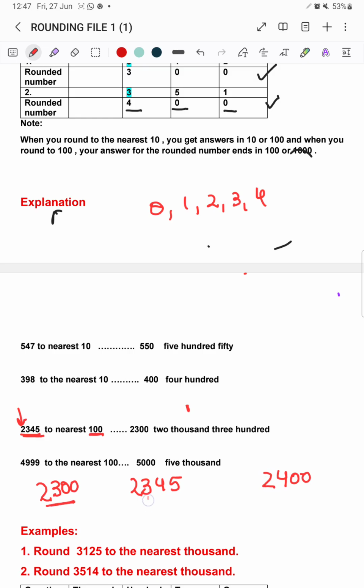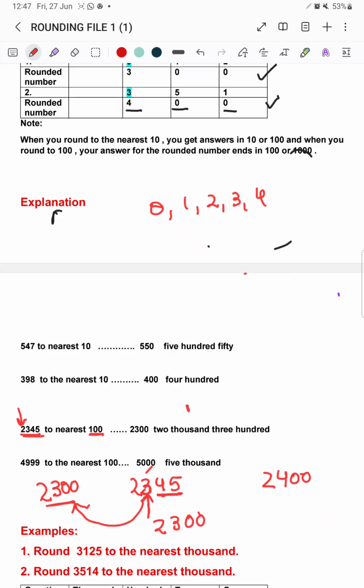Next point is, because we have to round to the hundreds, which is 3 here, the immediate next digit will decide whether I need to raise this 100 or not. So this is 4. If it is 4, it will go to the lower side, or you can say this 3 will not change. It will remain the same, 2, 3, and the next 2 digits will become 0, 0.